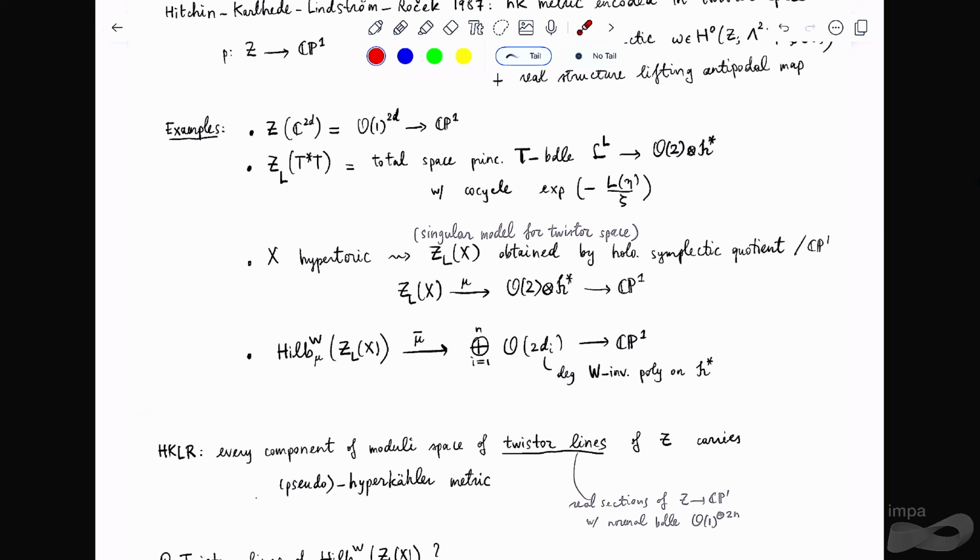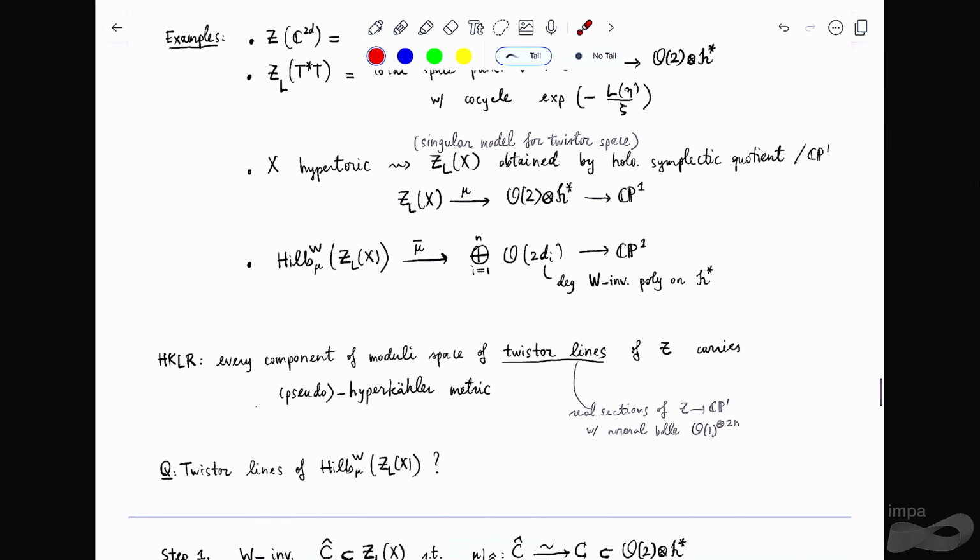Now this is easy, but the difficulty in this twistor construction is that the hypertoric metric is not really encoded in the twistor space. The main result of the twistor construction is that one looks at the moduli space of twistor lines of the twistor space.